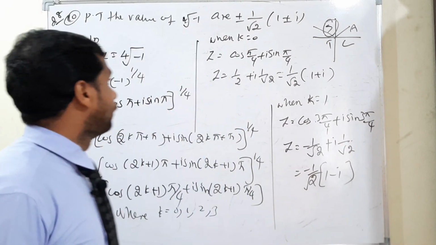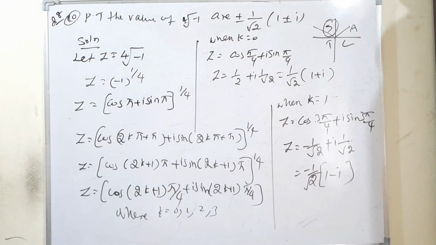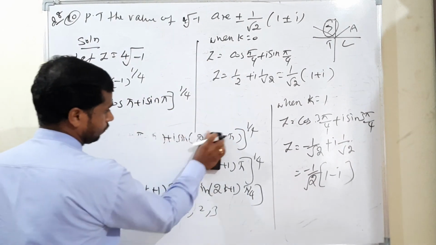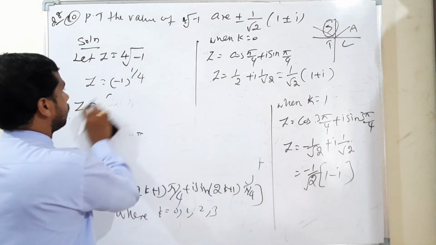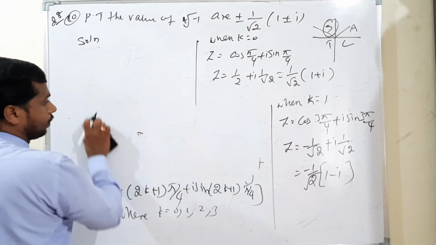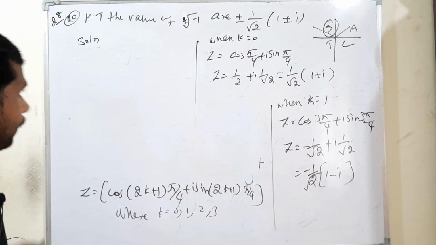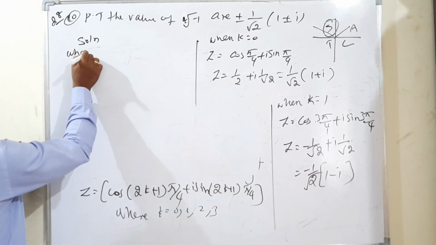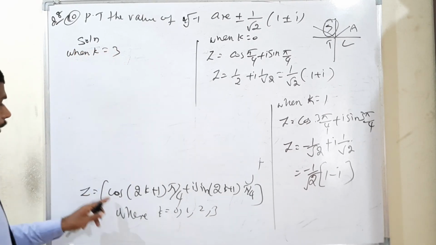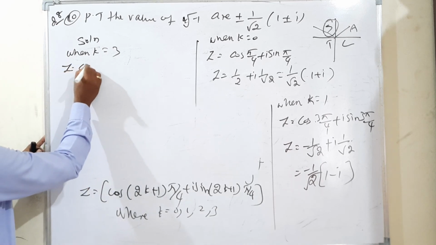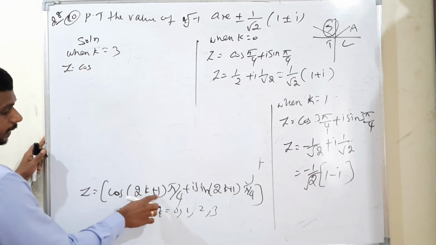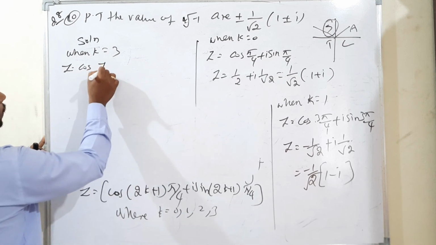Then the third one. When k is equal to 3, what will happen? z is equal to cos of 2 into 3, 6, 6 plus 1 is equal to 7, 7 pi by 4, isn't it?